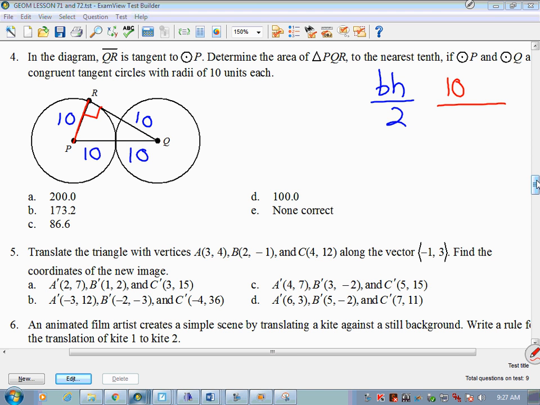10 divided by 2, which means which length is going to represent the height? RQ. Do I know the length of RQ at this point? Okay, but do I know enough about this triangle in order to find it? What formula do I want to use in order to find it? Pythagorean theorem. Tell me how to put that together.